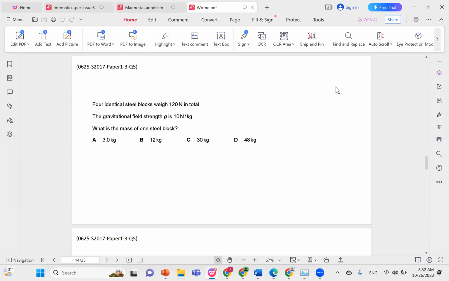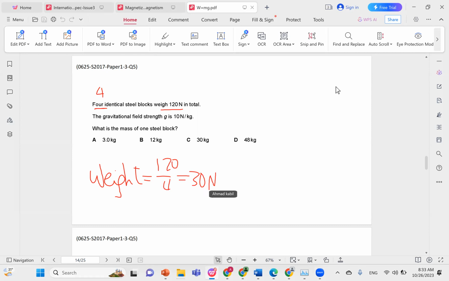So watch out. Here we have 4, and this is a very important piece of information. And their weight in total is 120 newtons. So we can get the weight of one block as 120 over 4, which is 30 newtons. If you do not divide by 4, of course, you're going to get an incorrect answer.